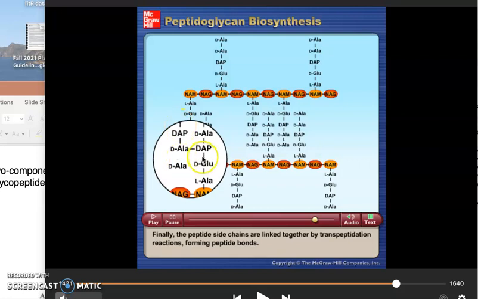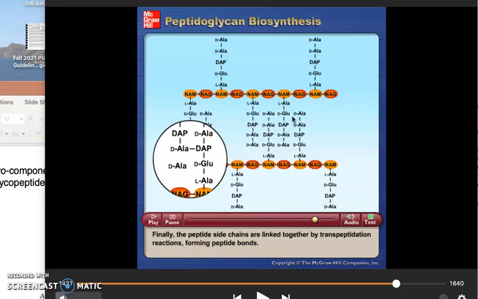The job of the antibiotic vancomycin is to sit right on these terminal alanines to prevent that cross-linking. By preventing cross-linking, you have a weak cell wall that the bacteria are unable to strengthen, and the cells fall apart.